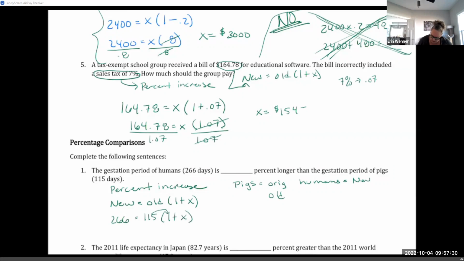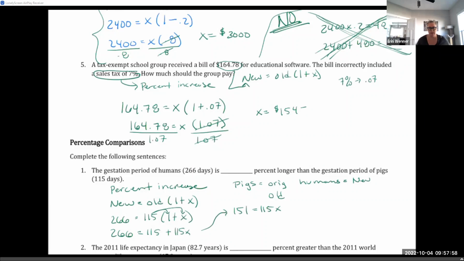So distributing 115 through, we're gonna have 266 equals 115 plus 115x. Subtracting 115 from both sides gives us 151 equals 115x, which shows you that human gestation is 151 days more than pig gestation, right?